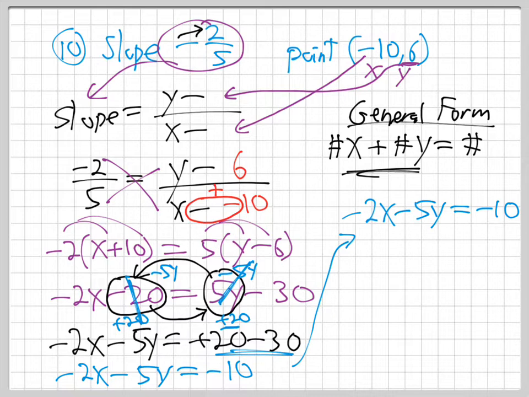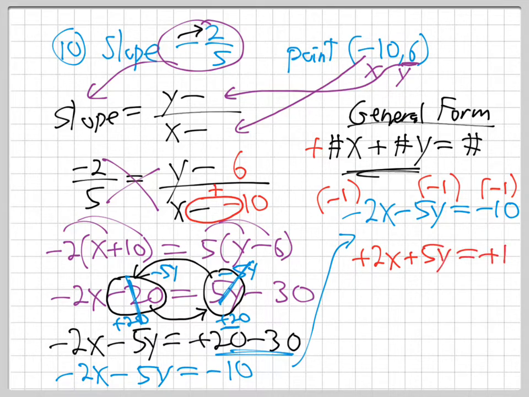Now usually, they might take that answer. I don't know. They normally like the front to be positive. So is there something I can do to both sides of that equation to make the front positive? Multiply through by negative 1, huh? Negative 1, negative 1, negative 1. That'll make it plus 2x, plus 5y, plus 10.